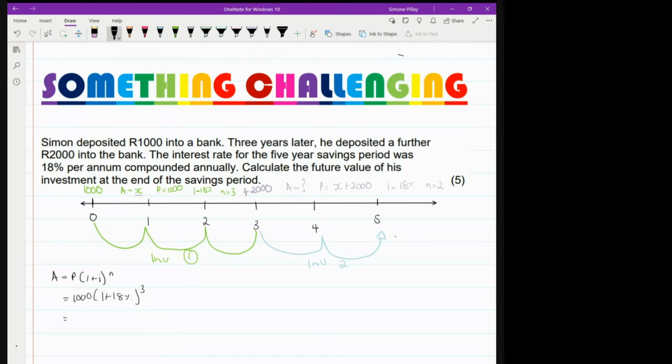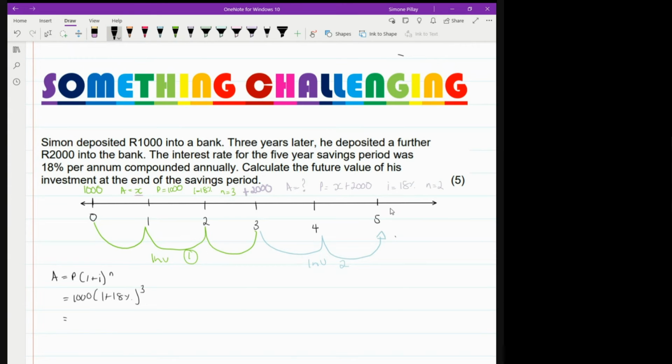So Abu, you were close, but not quite. Remember, we can't just say 2,000 rand and go on with it. What we could do is we could calculate the value of the 1,000 rand over 5 years, and we could then calculate the value of 2,000 rand over 2 years.